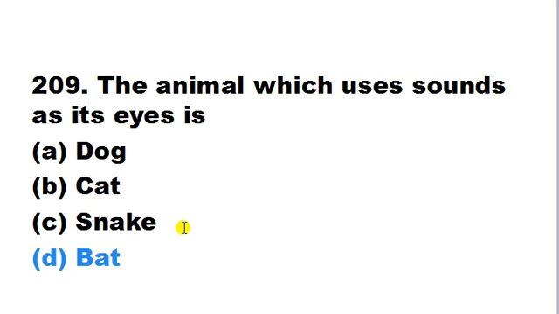So bats are animals that use echoes and sound to find their way around, and they also use these sounds to capture prey. So the sound and echoes in the surroundings are used like an eye for seeing. So its correct answer is D.